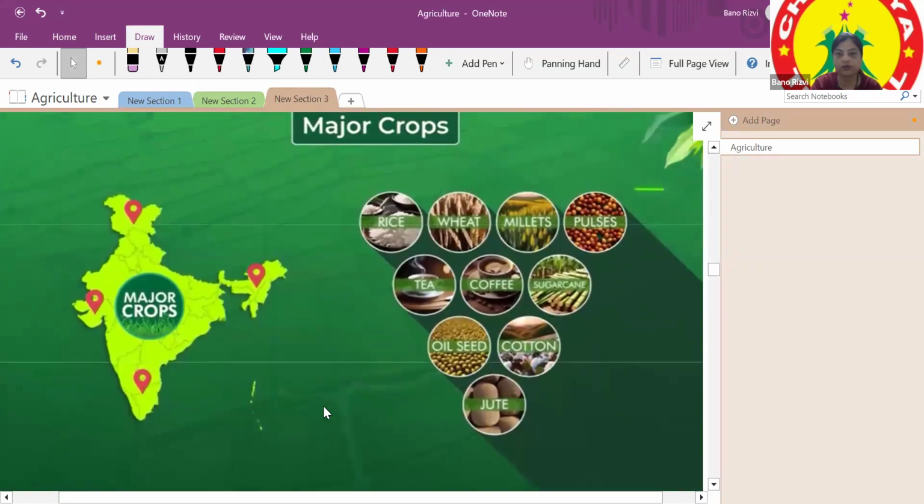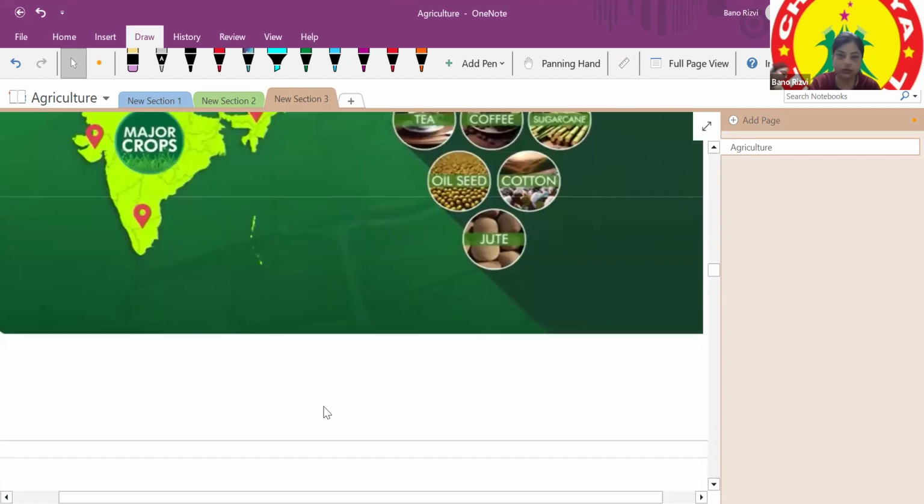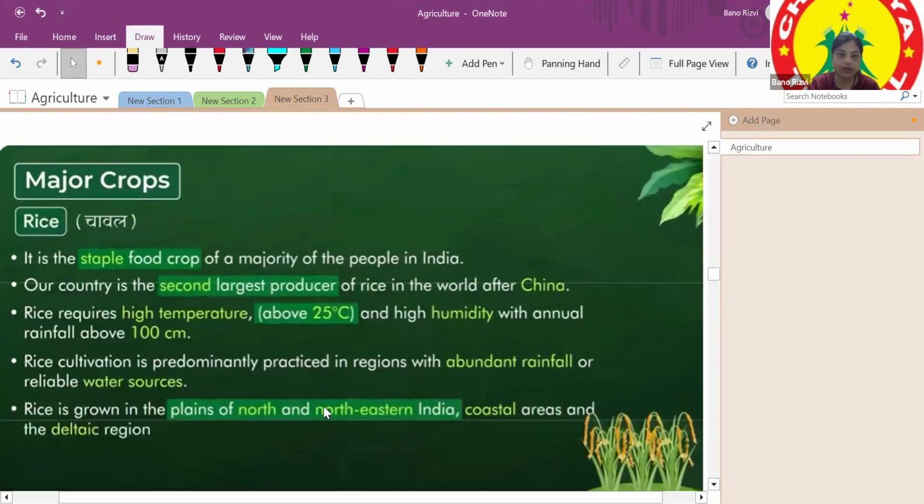The major crops we have are rice, wheat, millet, pulses, tea, coffee, sugarcane, oilseeds, cotton, and jute. Mainly we'll talk about rice. Rice is a staple food crop and we are the largest consumer of rice. We have rice almost every day, and our country is the second largest producer of rice in the world after China.